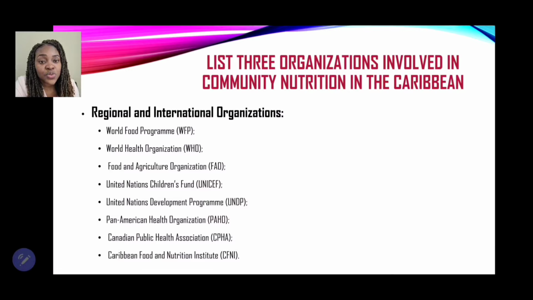And you can choose any 3 from the ones here. We have the World Food Program, the World Health Organization, the Food and Agriculture Organization, United Nations Children's Fund, United Nations Development Program, Pan American Health Organization, Canadian Public Health Association, and also the Caribbean Food and Nutrition Institute.